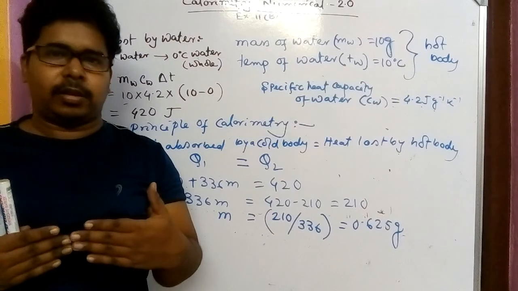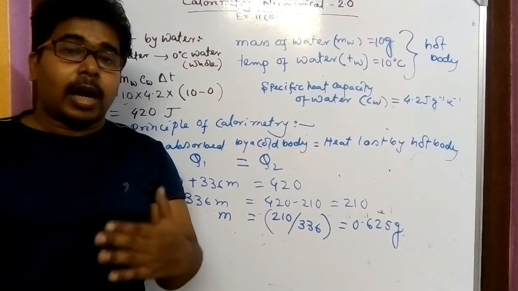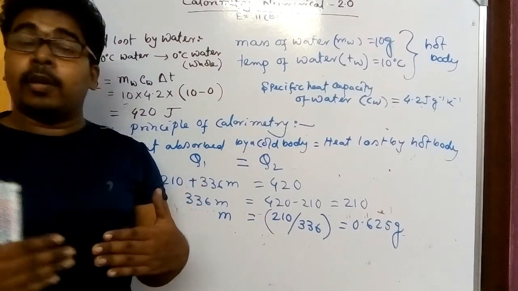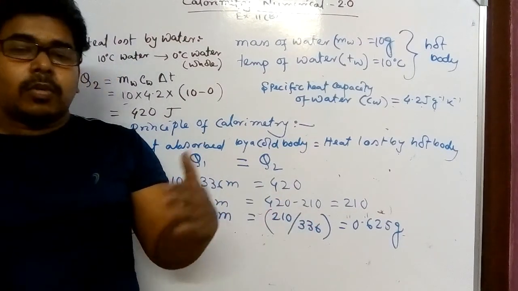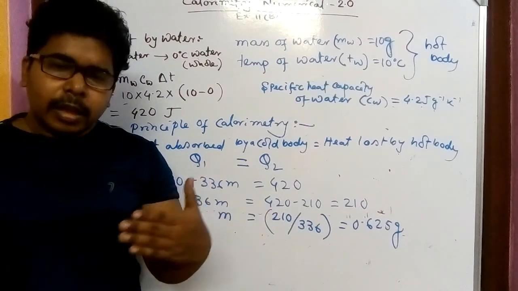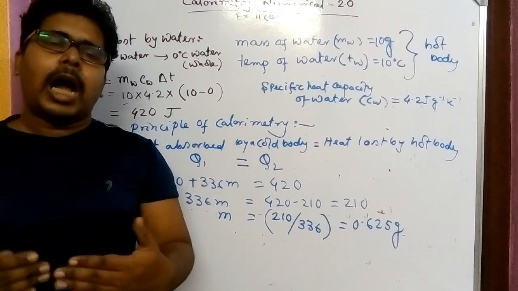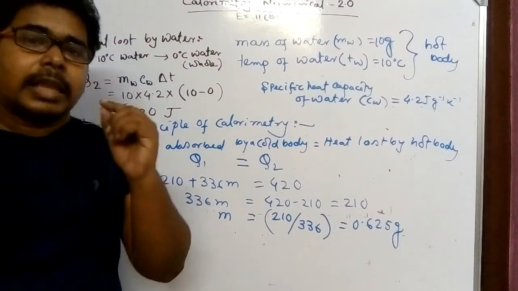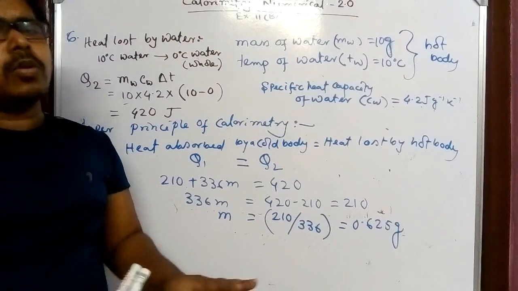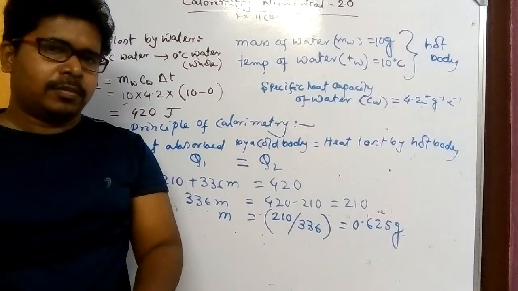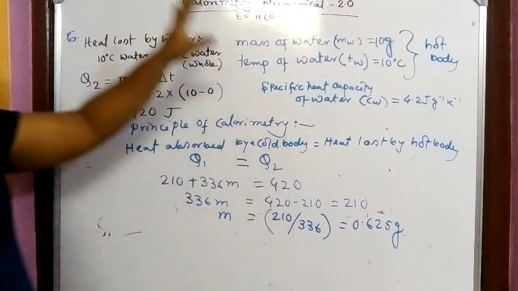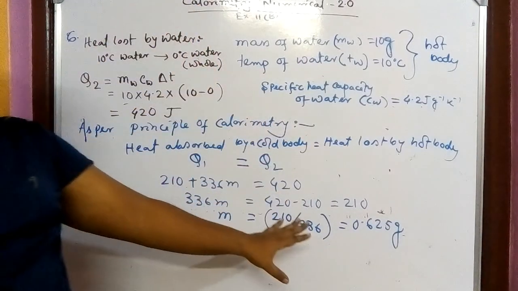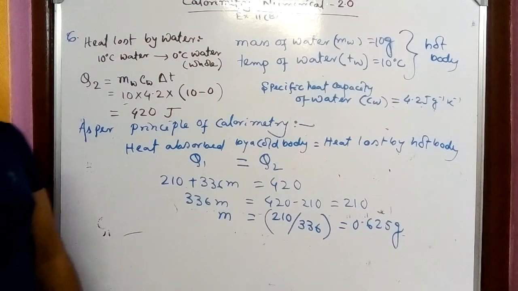Up to 0 degree. When the ice goes to 0 degree and the water goes to 0 degree, at this point of time how much ice will melt, that is our answer, which is not clearly mentioned in the book. So that's why I have told it is a typical numerical. See the process of how I have done it, and then I think it will be easier for you.